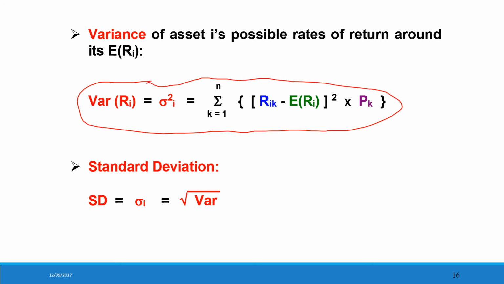This is simply the weighted average squared difference of the returns of the different outcomes. Standard deviation, as we mentioned before, is just the square root of the variance. The unit of variance is percentage squared, and the unit of the standard deviation is just percentage.